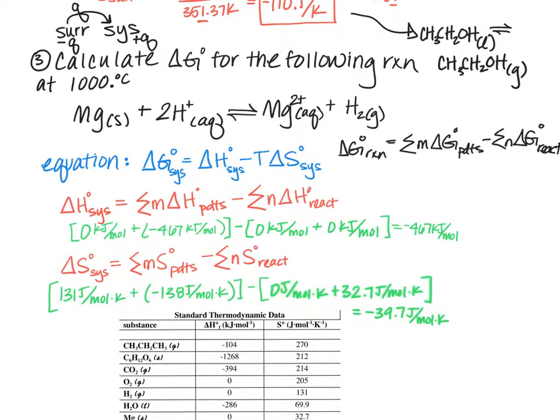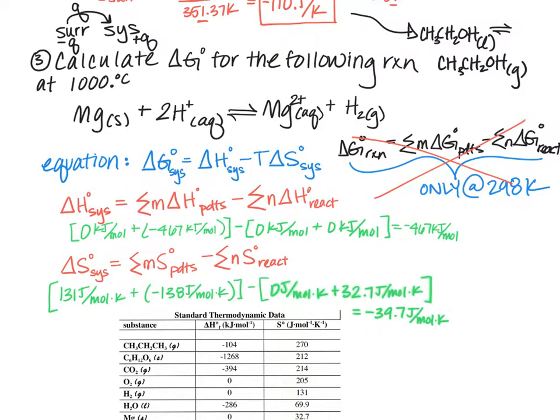Okay, the reason why you cannot use this for this problem is because in that chart, the standard thermodynamic values are given at 298 K. This question asks you to solve for delta G at 1000 degrees C. So again, this is only at 298 K.